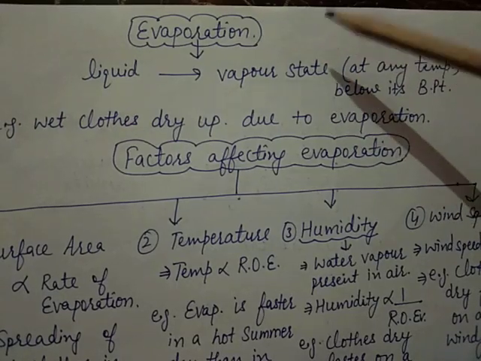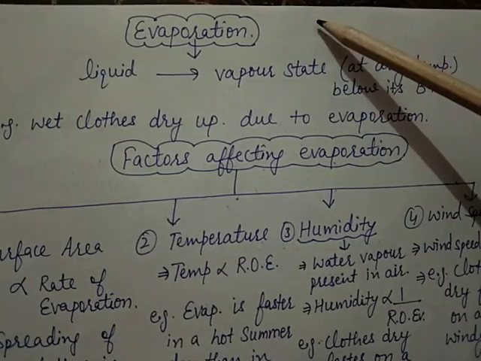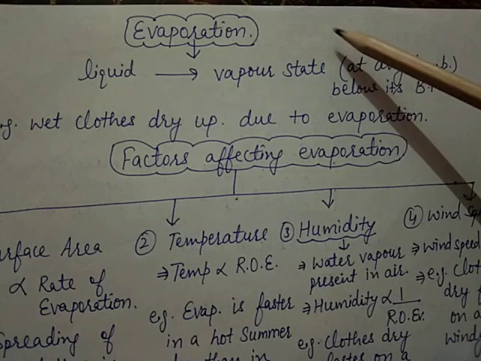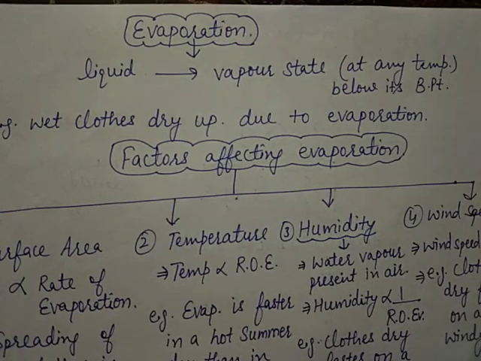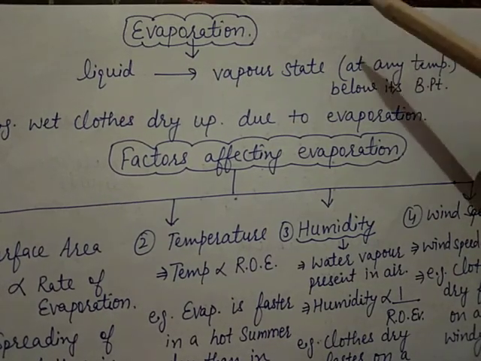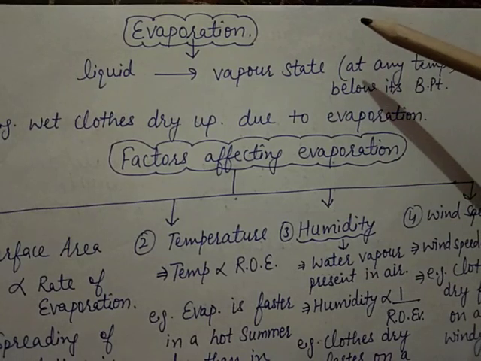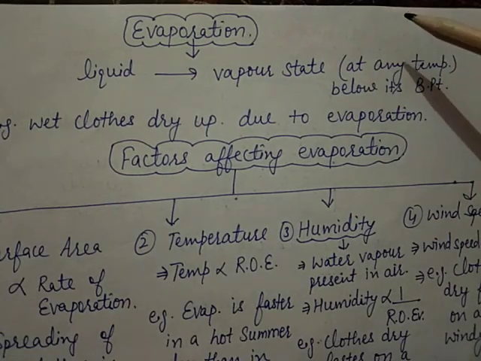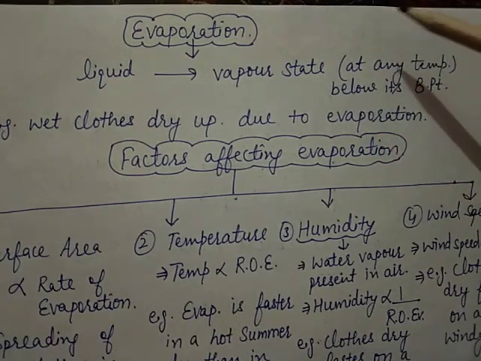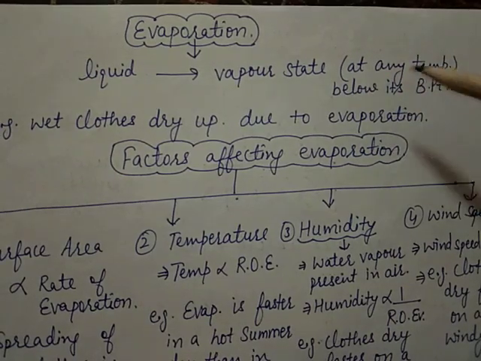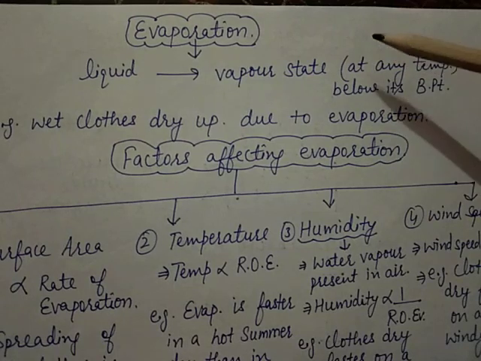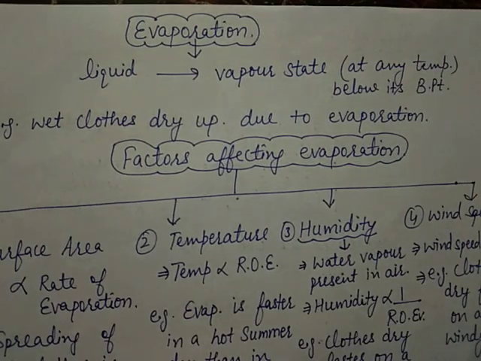But boiling occurs at a particular temperature, like the boiling point of water, that is 100 degrees Celsius. Second point, boiling is a bulk phenomenon. It does not take place at the surface, but inside the liquid.